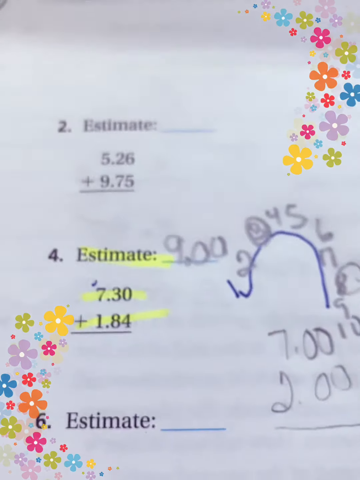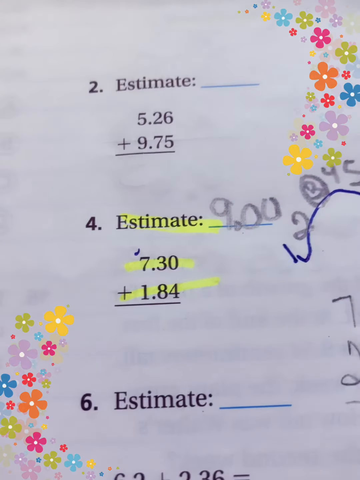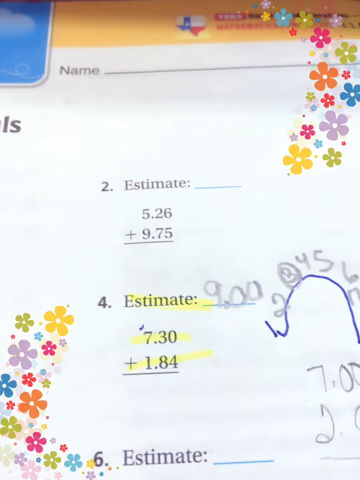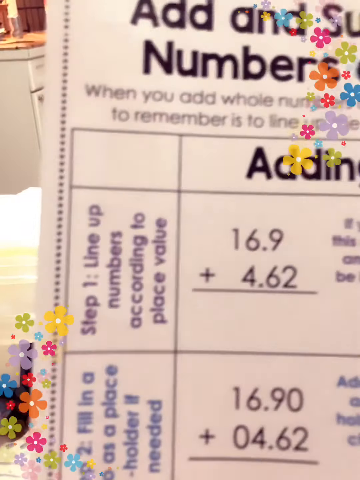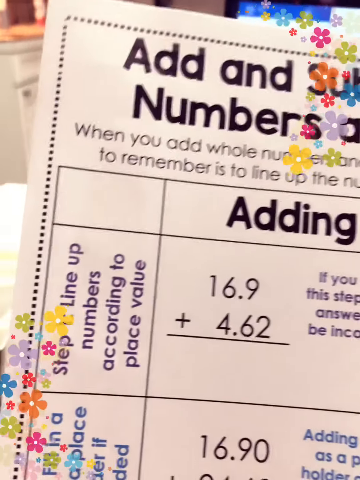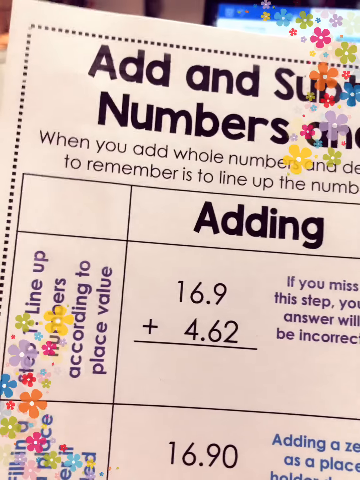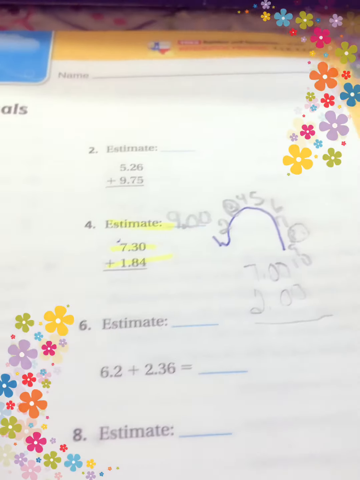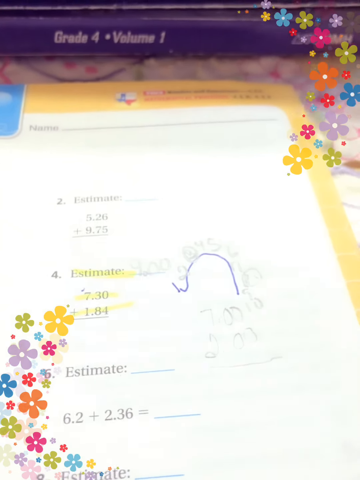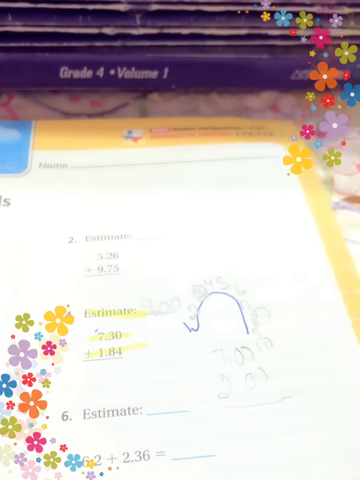Let's see what happens when I add my decimals together. Okay, so I'm going to go to my anchor chart. Do y'all remember this? So it says the first thing, line up numbers according to place value. So I'm going to look at question number 4, and I think that they are lined up in place value.